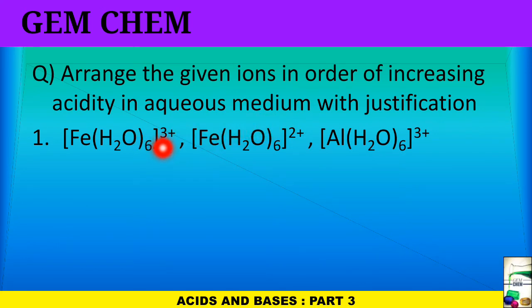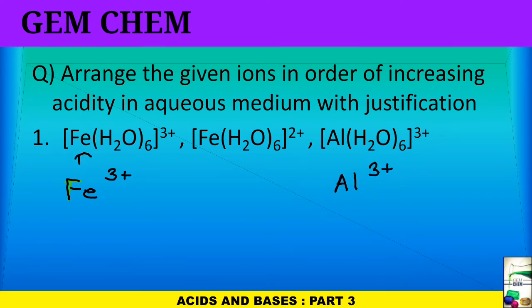So first of all we need to compare between these 2. We know that this will have the minimum acidity because its positive charge density is the least among these 2. Now we have to see Fe3+ and compare it with Al3+.